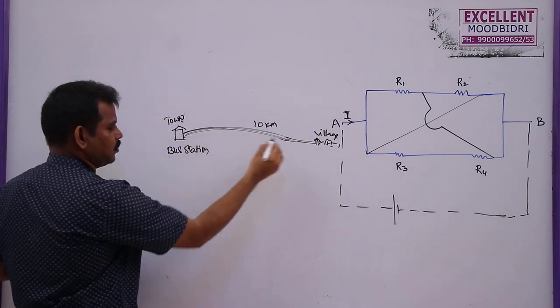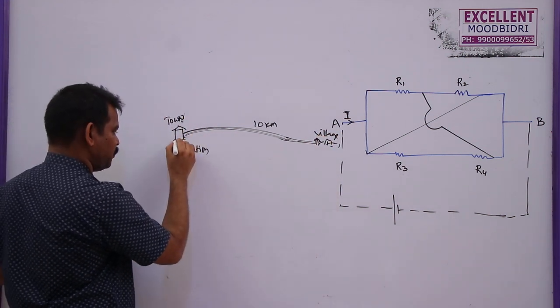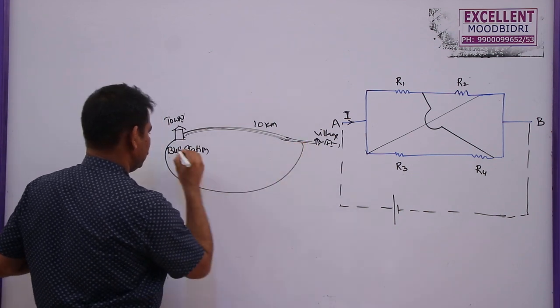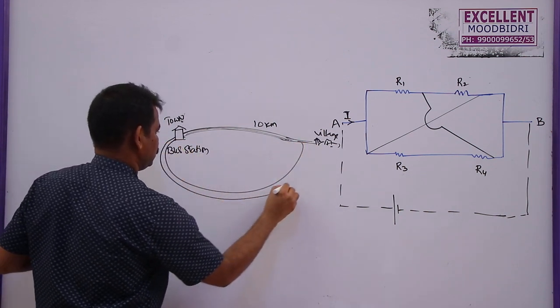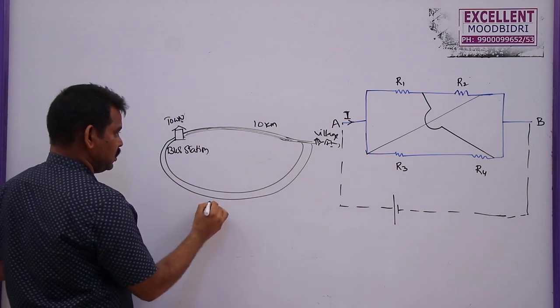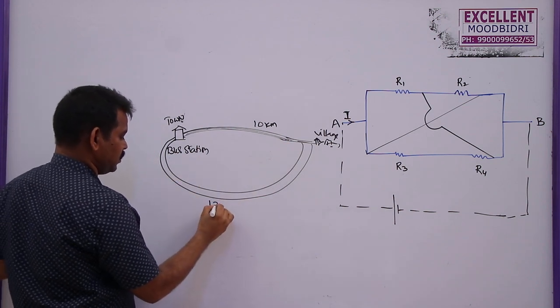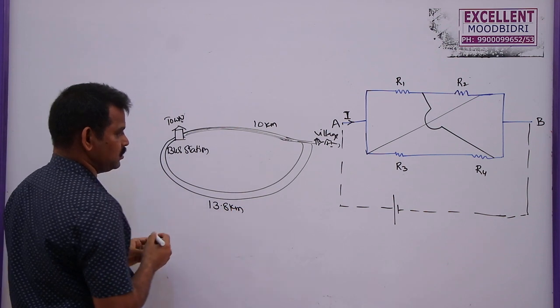Now this is a 10 kilometers distance, but there is one more path like this. This is around, let us say, 13.8 kilometers.